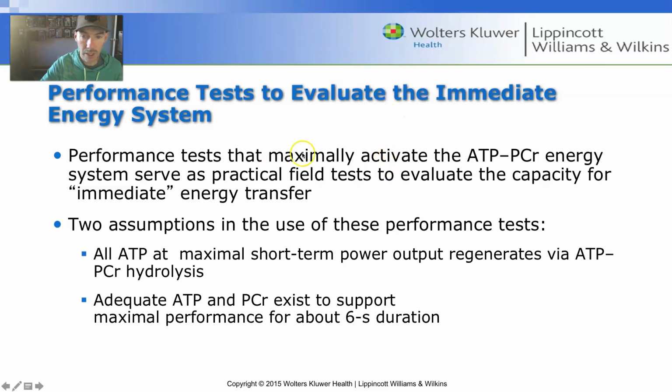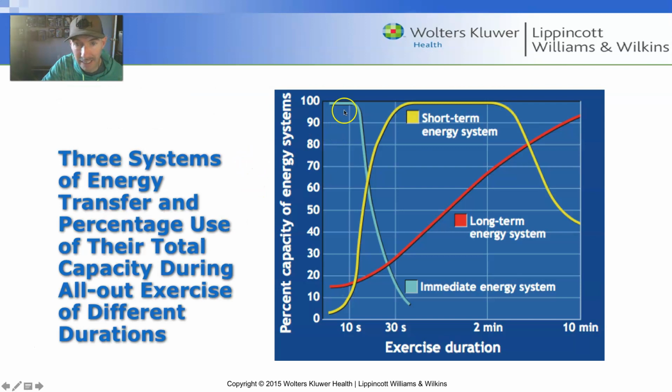So here are a few assumptions that we would make when picking these tests, okay? Again, we want to make sure all the ATP used for this activity is provided from phosphocreatine. Therefore, the test that we pick needs to be less than 10 seconds long. That's a key point.